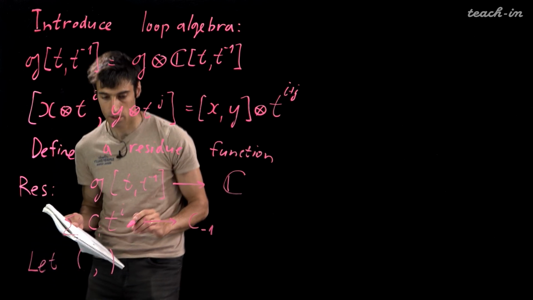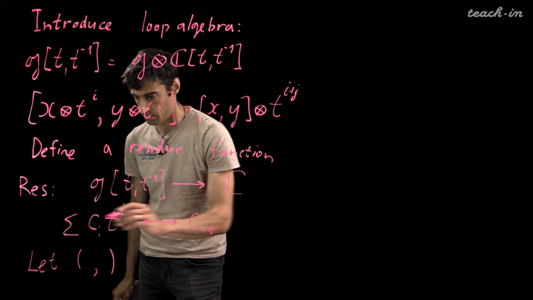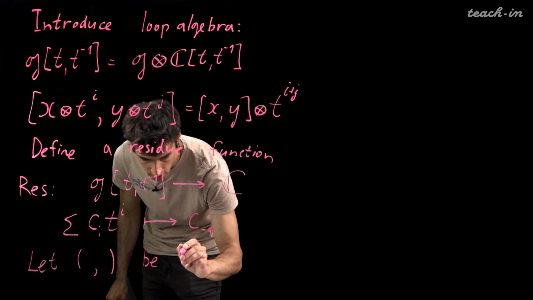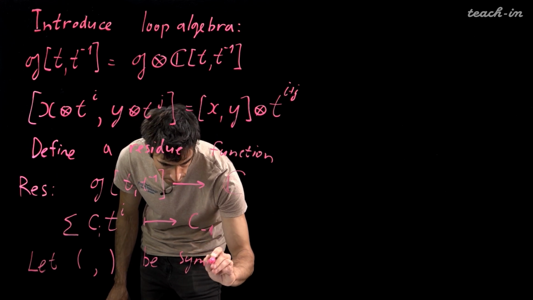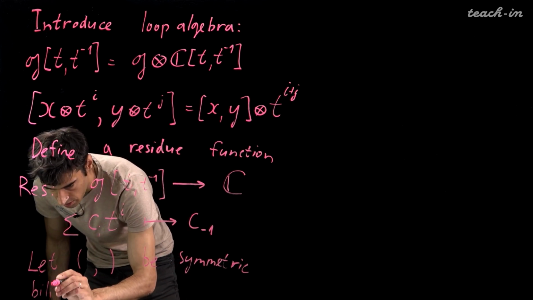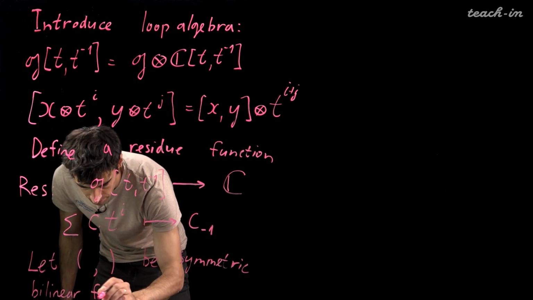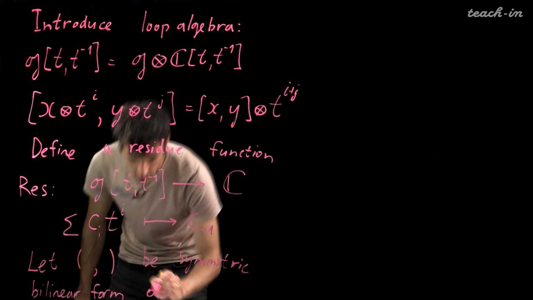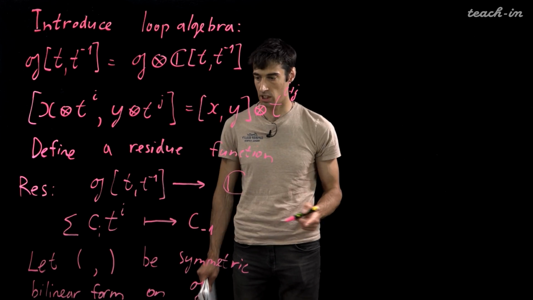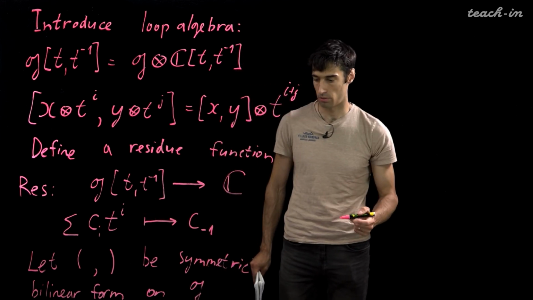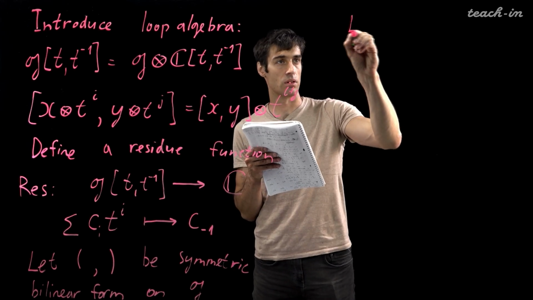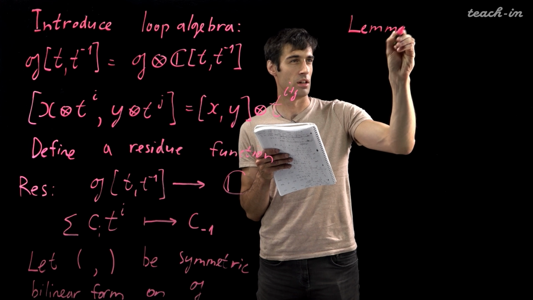By this parenthesis, we denote a symmetric bilinear form on g. At the end of the day, g will be just a simple algebra, so you can take this to be the Killing form, for example. So let's formulate a lemma.